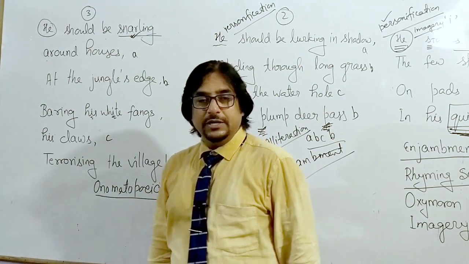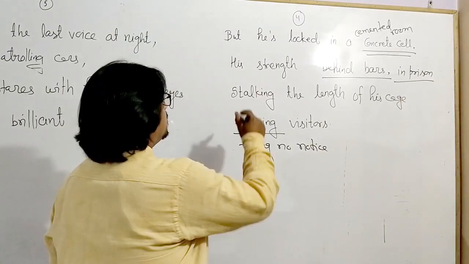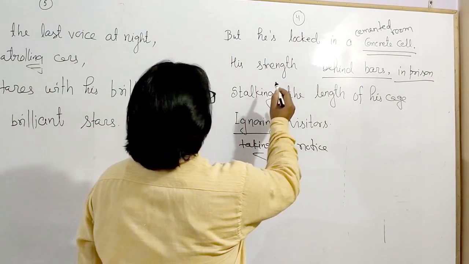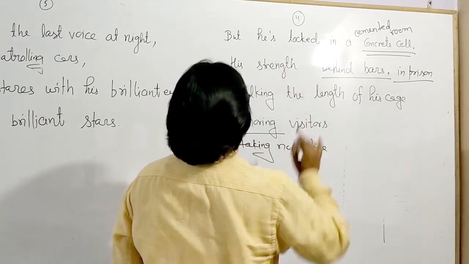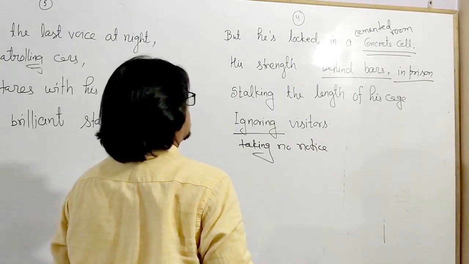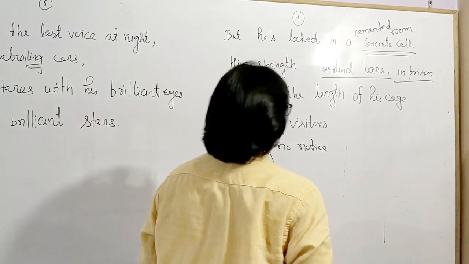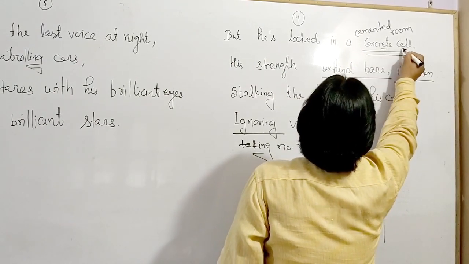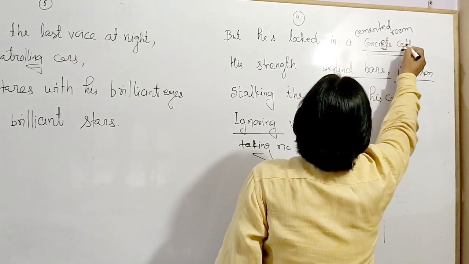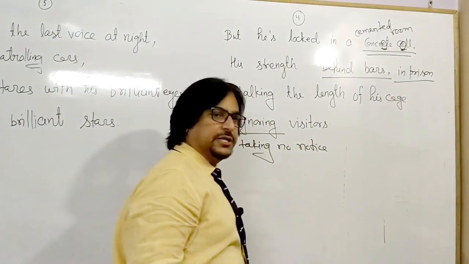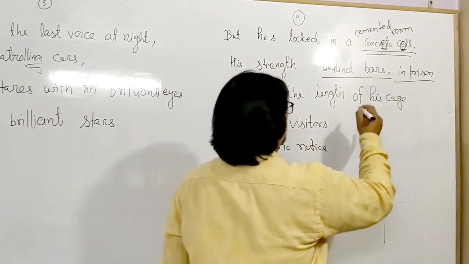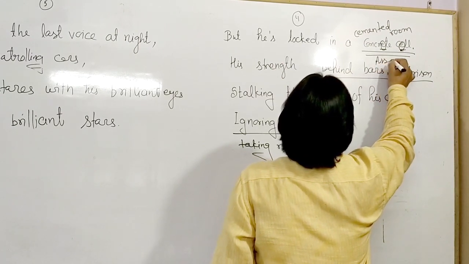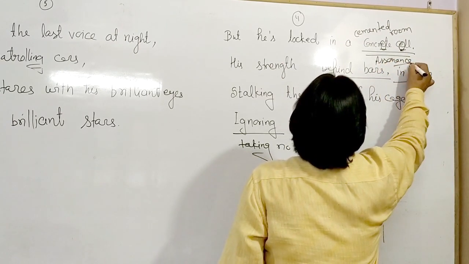Now the poetic devices of the fourth stanza. First, we are getting "concrete sail", where the E sound is prominent. So here the poetic device assonance is used.